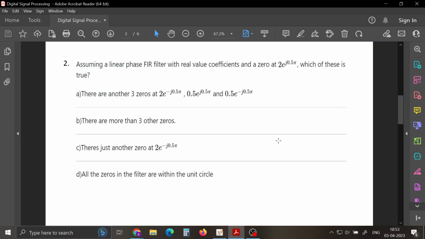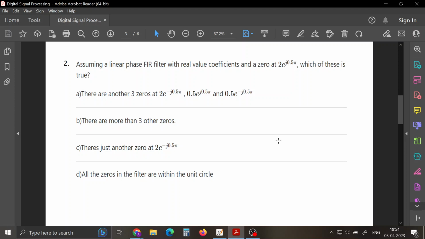Since we are dealing with a real valued impulse response, the real valued coefficients, whenever small h of n, the impulse response, is real, we know that the poles and zeros of capital H of z are complex conjugates of each other.